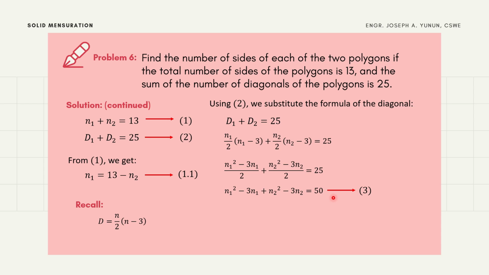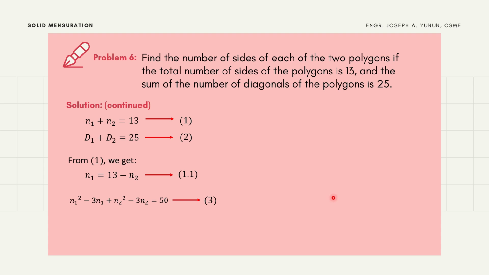Now continuing, you have here equation 3 and the previous equations. Using equation 3, we substitute the value of n1 from equation 1.1. So let us use equation 3, then change n1 to 13 minus n2.